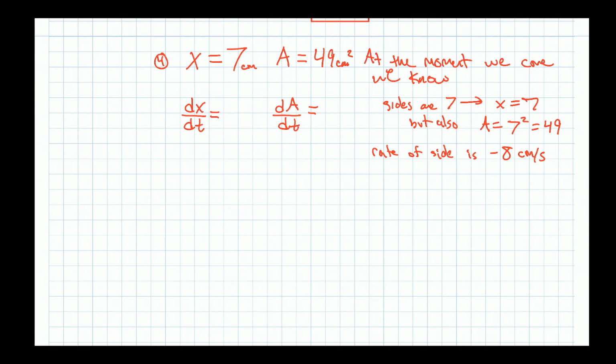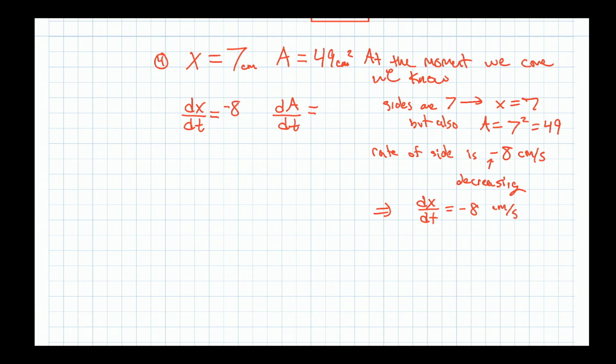Why negative? Because they said it was decreasing. Decreasing, so it's going down. So it needs to be negative. So the rate of the sides is negative 8 cm per second. But what's a side? A side is x, so that's actually dx/dt is negative 8. Again, cm per second.